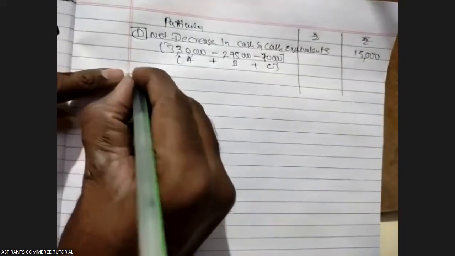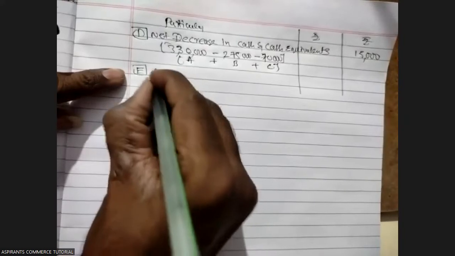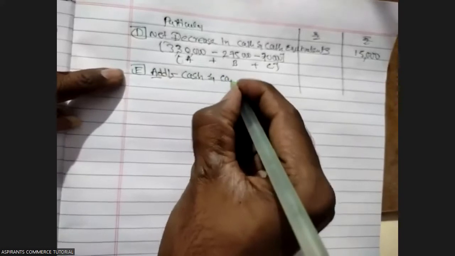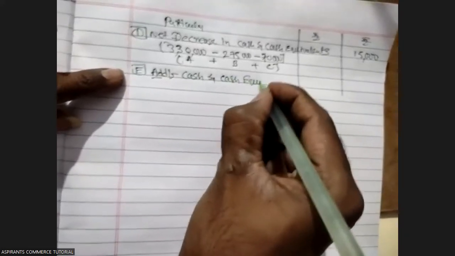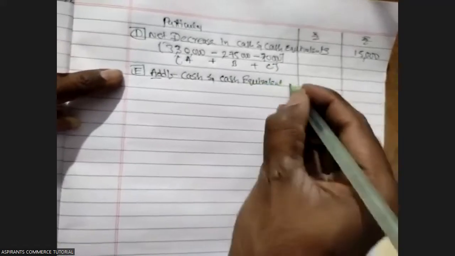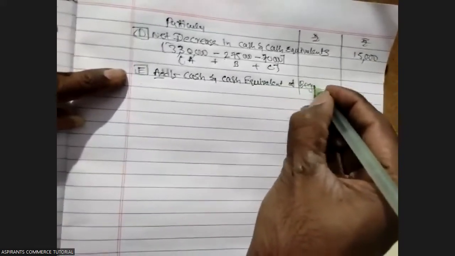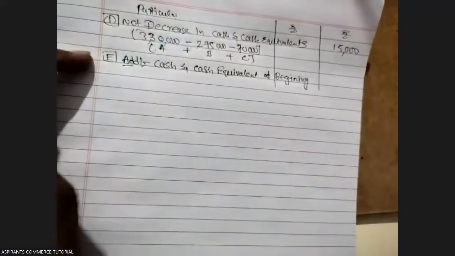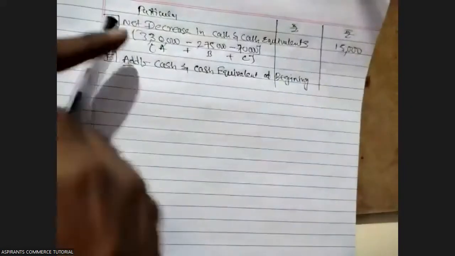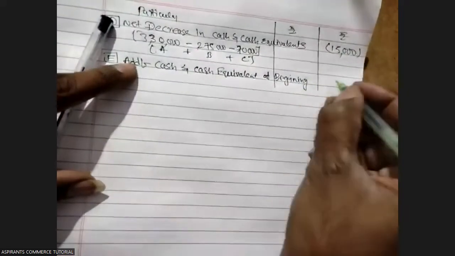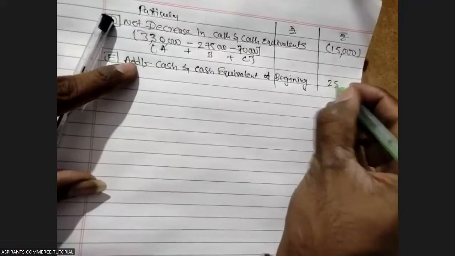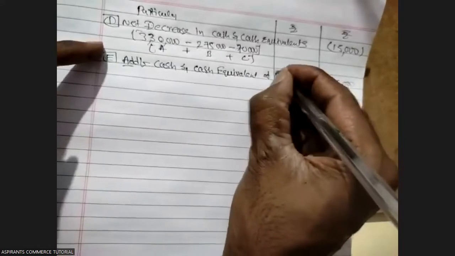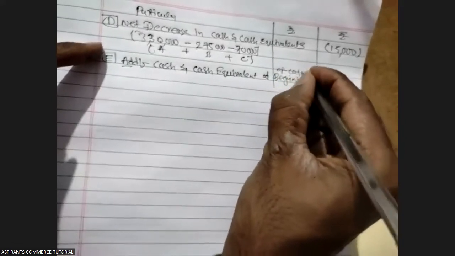To this we need to add E, add cash and cash equivalents at beginning, opening. How much opening cash balance is there? 25,000. This one is minus, this is the plus cash balance, opening cash balance 25,000, right?